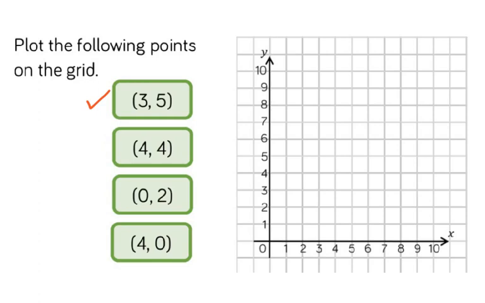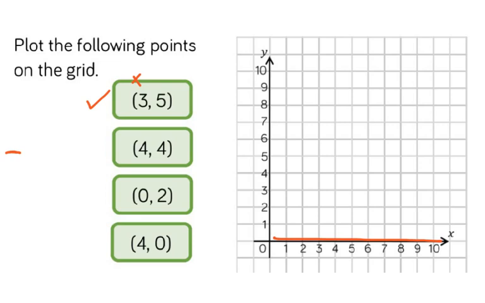Always, the first coordinate, this one here, is going to be our x coordinate, so let me write x above that for you. So always we are looking at going in a horizontal direction, going across.